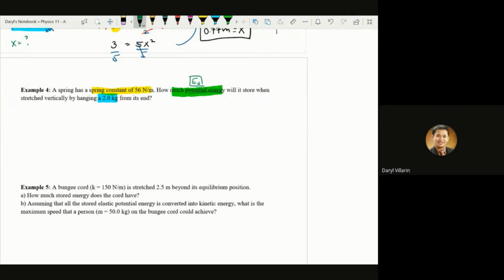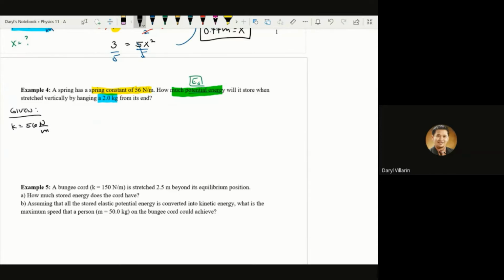So how do we answer this particular question? Well, let's try to identify first the things that we have. So let's try to write our given. So we're given the value of K, that's 56 Newton per meter.